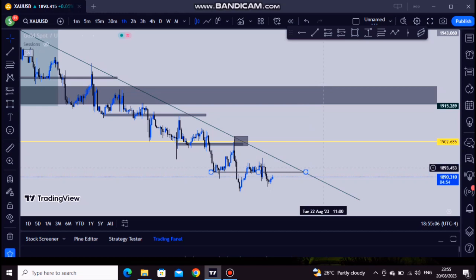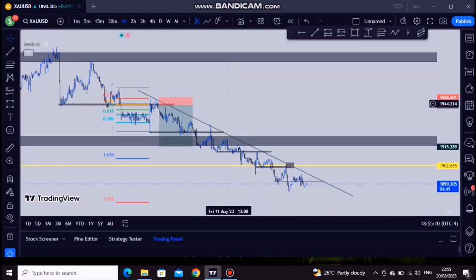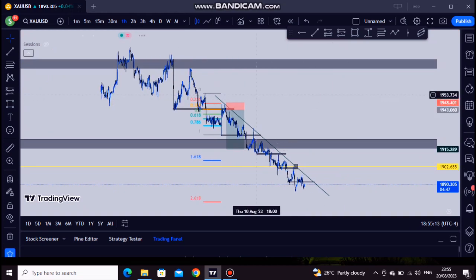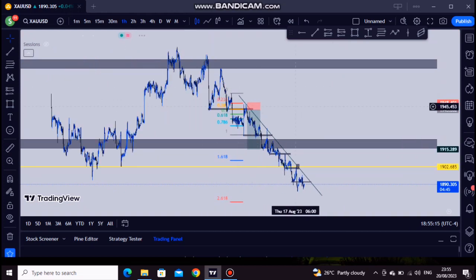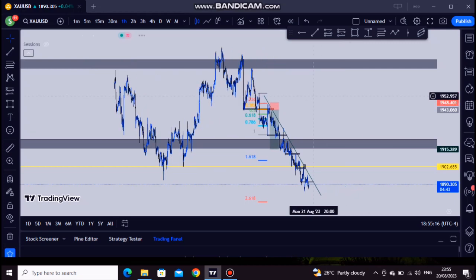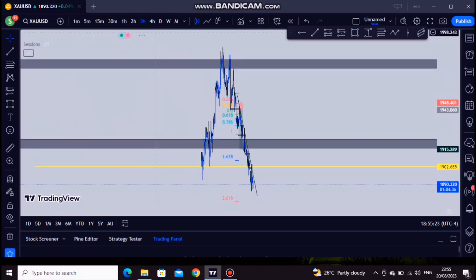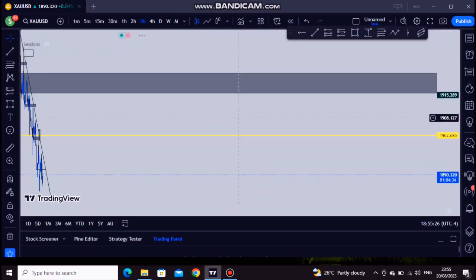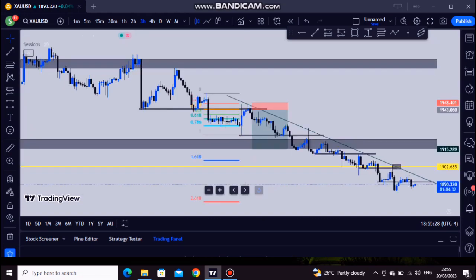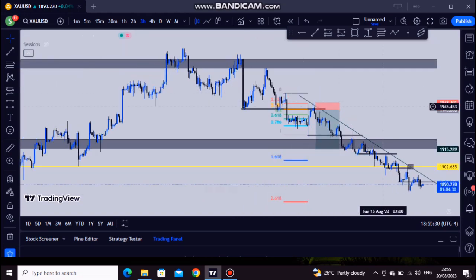So we are still bearish on gold, yes, till we get to this level of support. We are still bearish. There is a support level we plotted. So there is a support level resting here.